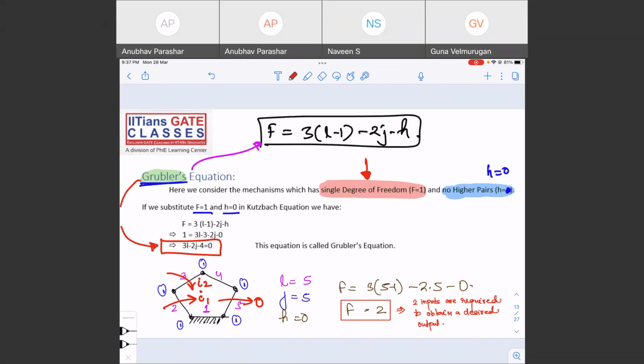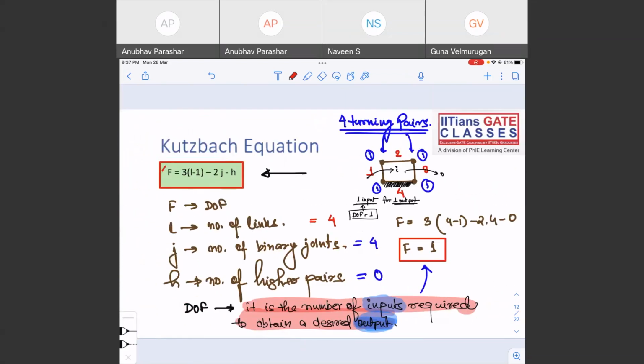And this equation became even more famous than the Kutzbach equation itself. In many books nowadays, I've seen 3-4 books, in some of the books they don't even mention the Kutzbach equation. They are saying this equation itself is a Grubler equation.